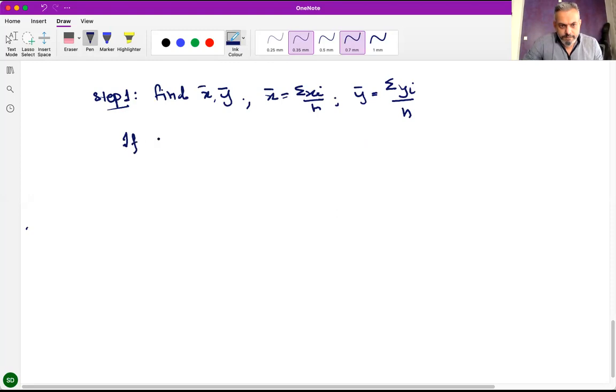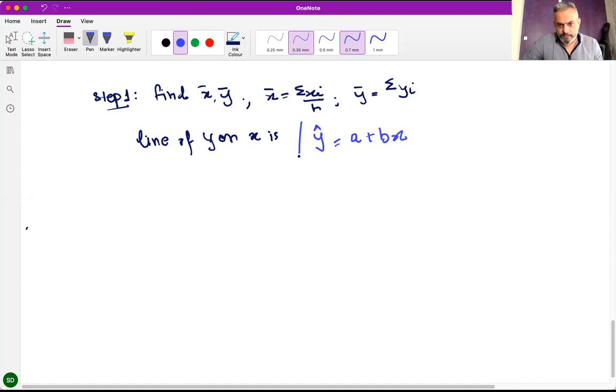Before we write this, now our regression equation or regression line of y on x is y cap is equal to a plus bx.